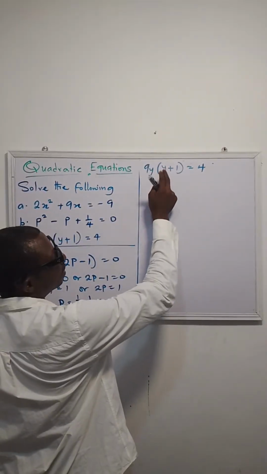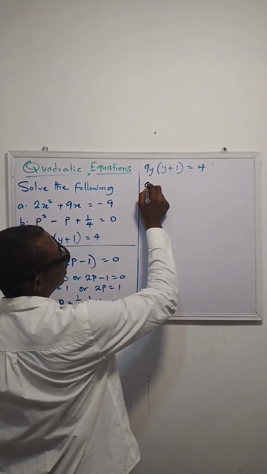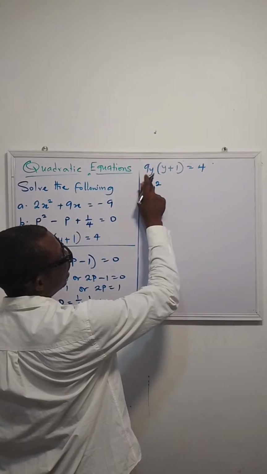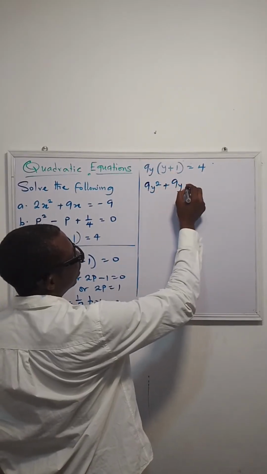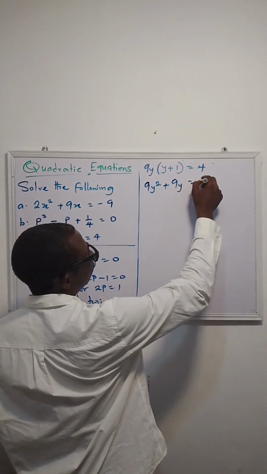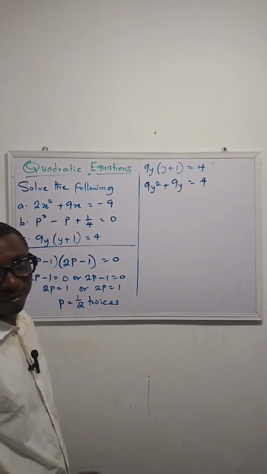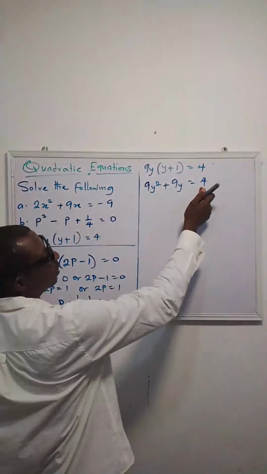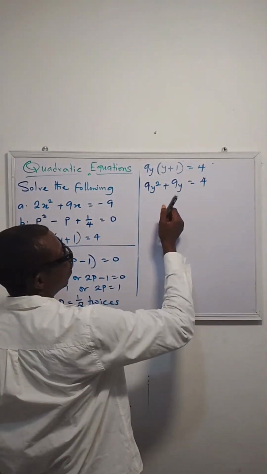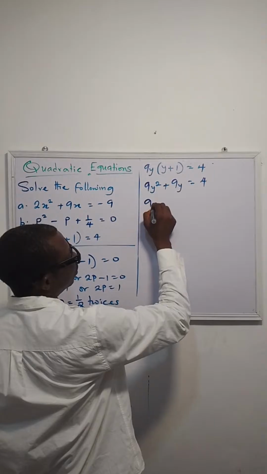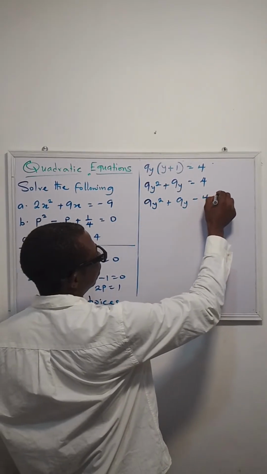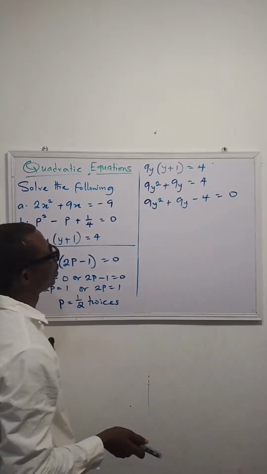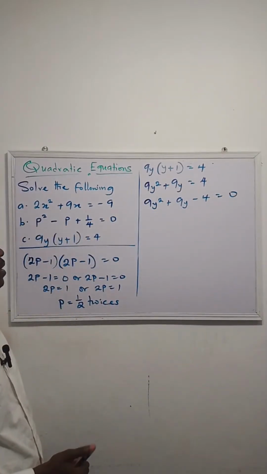So 9y times y gives us 9y squared. 9y times 1 gives us plus 9y, and that is equal to 4. From here, you can transpose this 4. So we have 9y squared plus 9y minus 4 equals 0. Can you see that now?